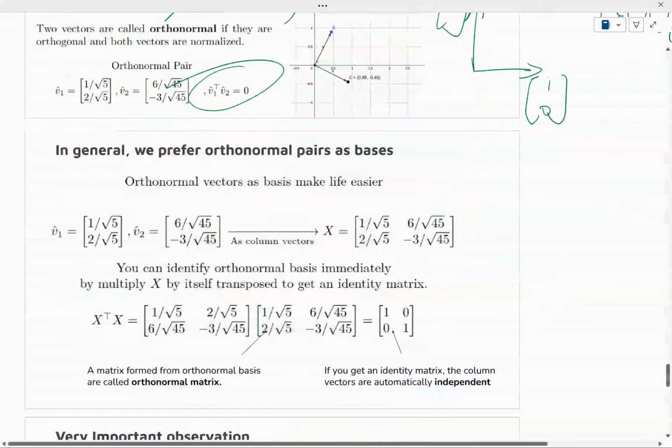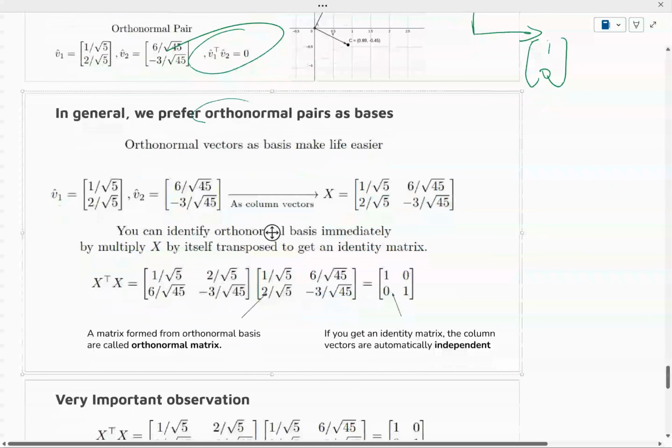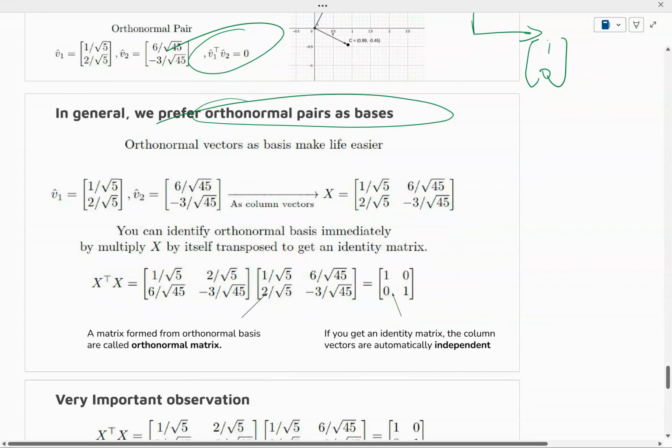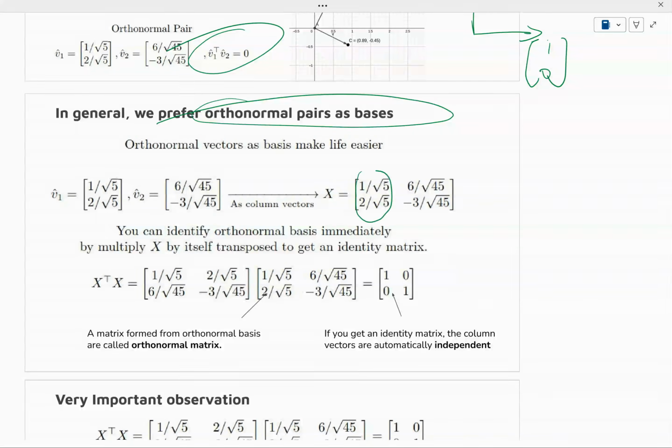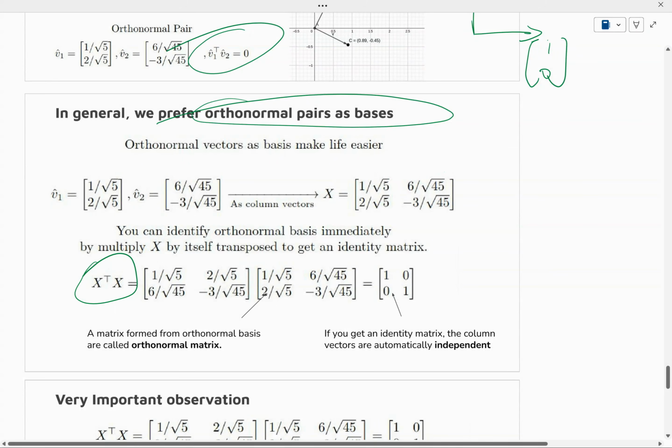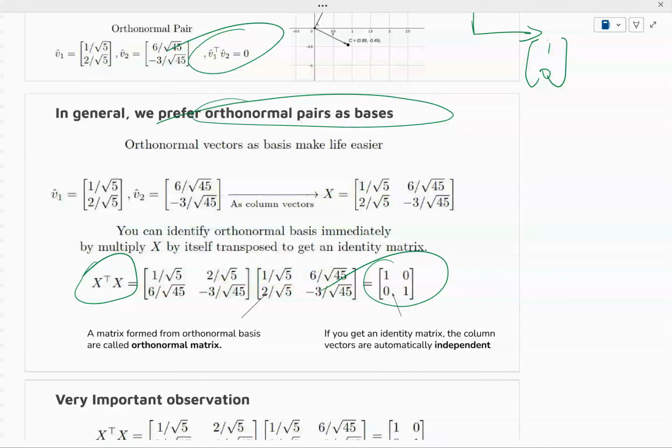In general, we prefer orthonormal bases. We explained to you why. And the way you can tell if you have an orthonormal basis is you simply align the basis vectors here and then multiply them out. X transpose X. If it's an orthonormal basis, you should get an identity matrix out.